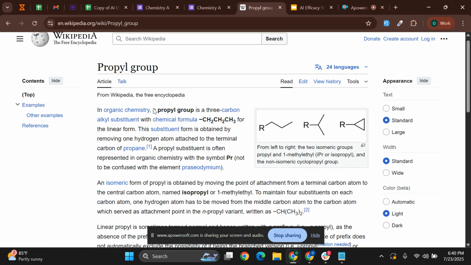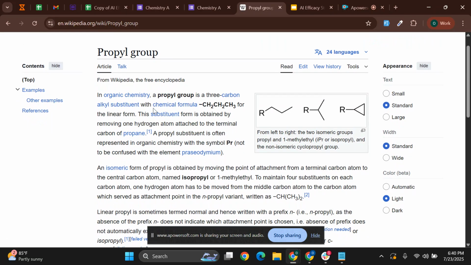In organic chemistry, a propyl group is a three-carbon alkyl substituent with chemical formula C3H7 for the linear form. This substituent form is obtained by removing one hydrogen atom attached to the terminal carbon of propane. A propyl substituent is often represented in organic chemistry with the symbol Pr.